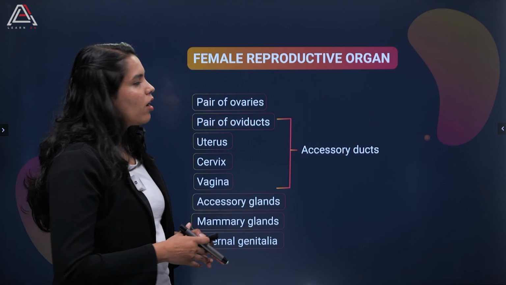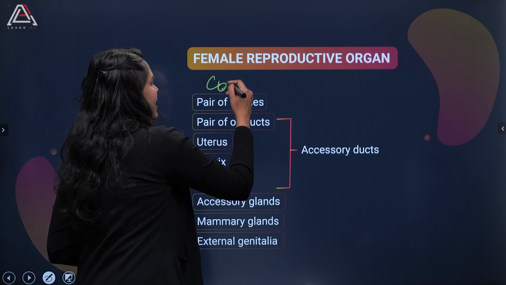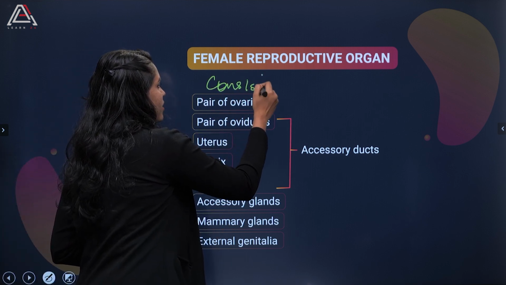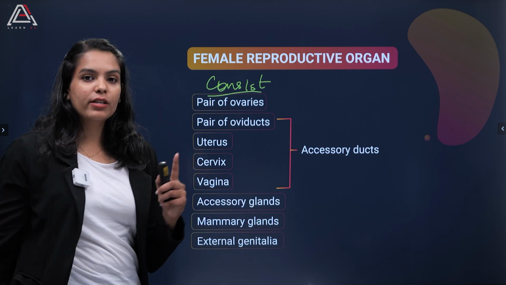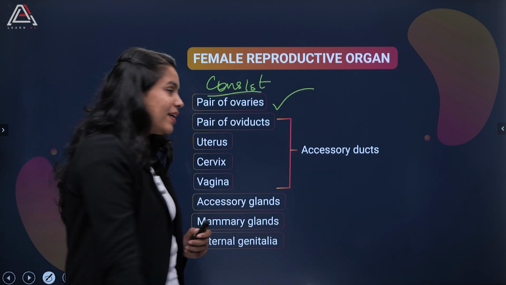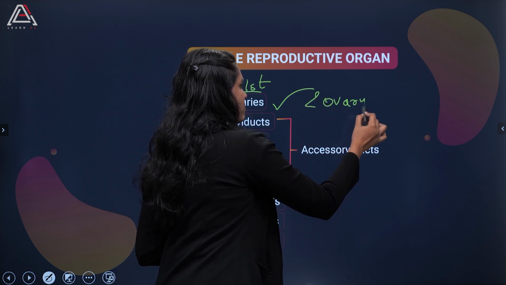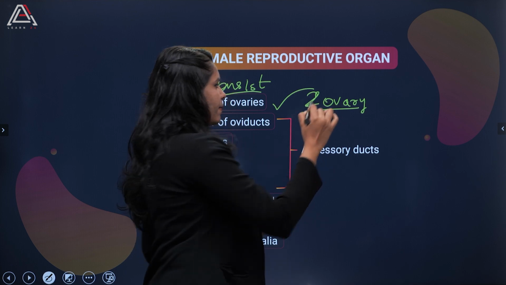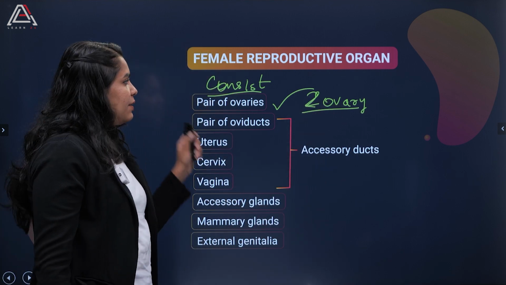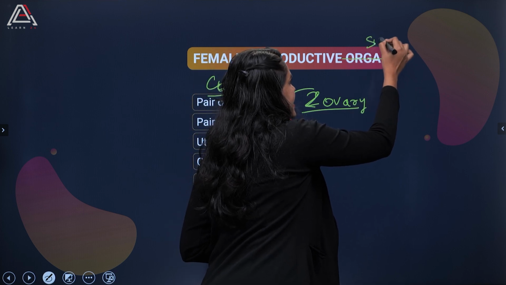Let's talk about what it consists of. First of all, it consists of a pair of ovaries. That means there are two ovaries present here. The female reproductive system is not an organ, it's a system.